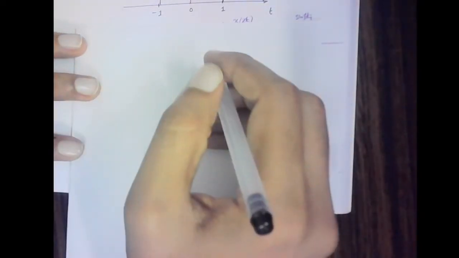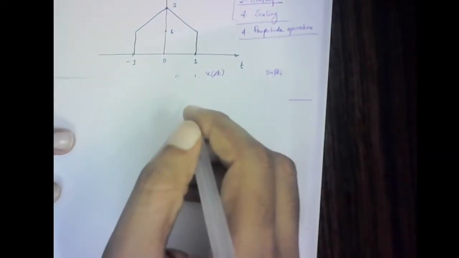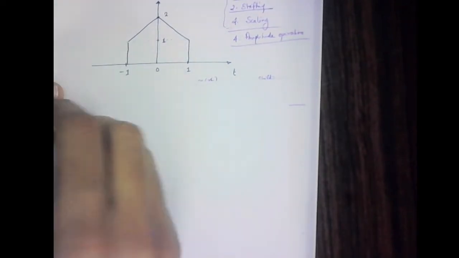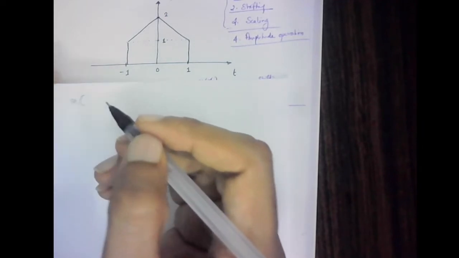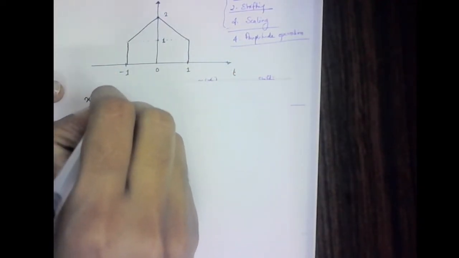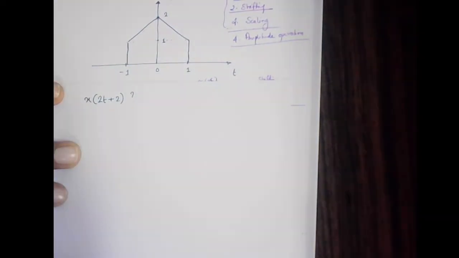So this is the signal, and what you need to find is x of 2t plus 2, right? What is x of 2t plus 2?